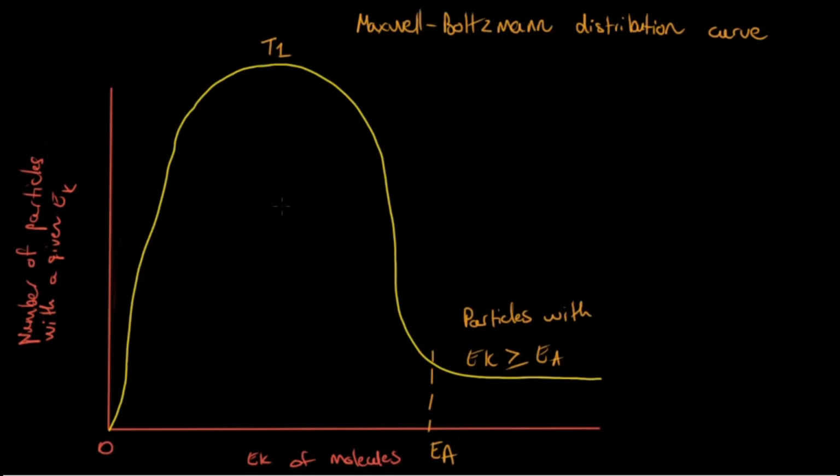I'm sure we all have this curve down. So how would a curve look with an increase in temperature? I'm going to draw this graph just a little smaller compared to the other two graphs that I've drawn. So this is the increase in temperature for a Maxwell-Boltzmann distribution curve.